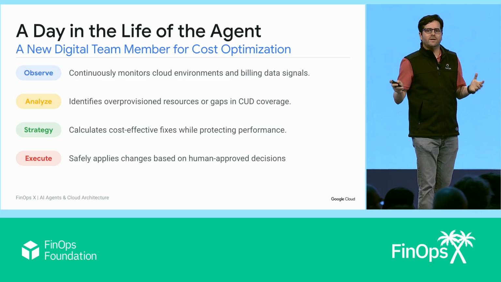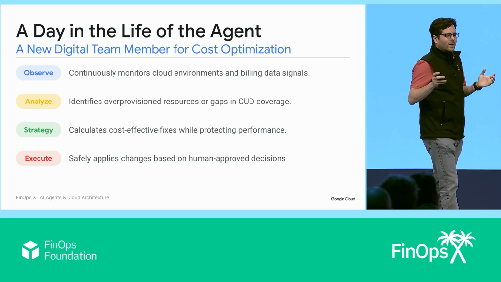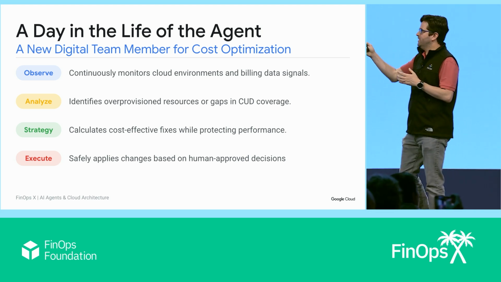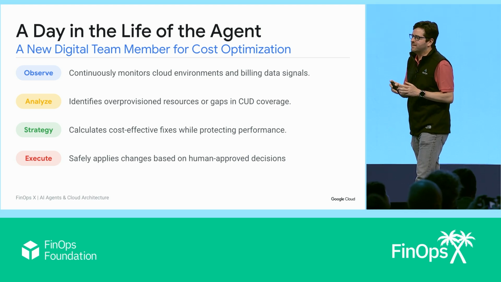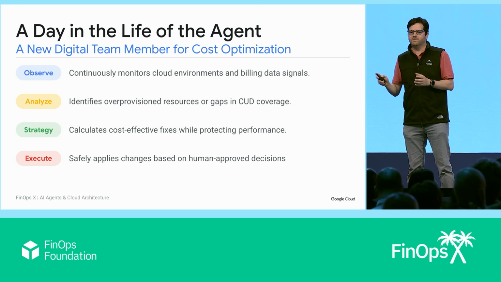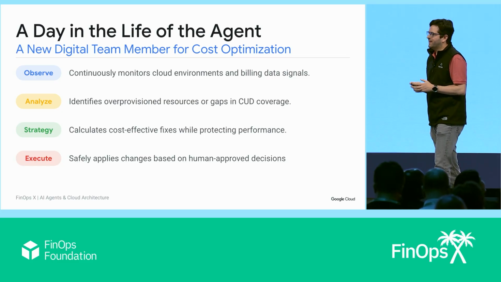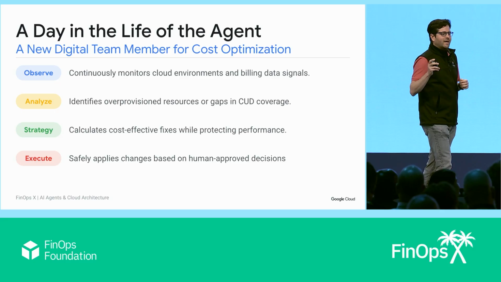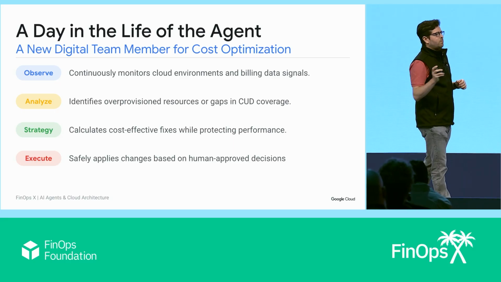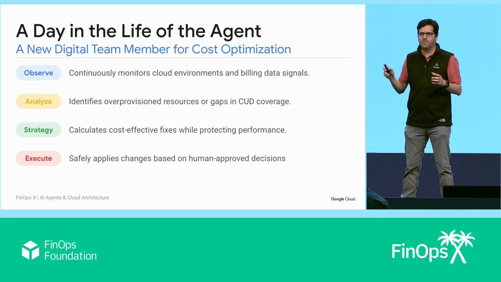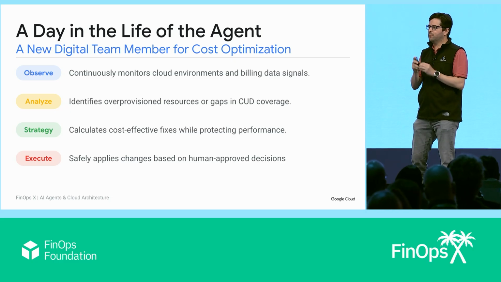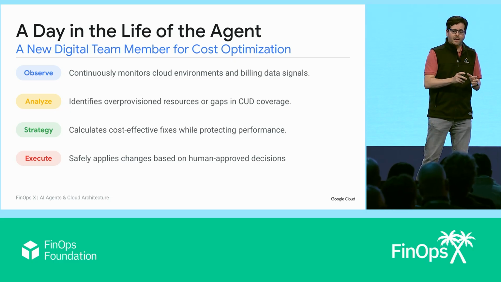So what is the agent, and what can it do? I want you to think about this agent, the FinOps agent, as another part of your team. This is an extension of your team that can help you do 4 things. It can observe, so it will be continuously monitoring your cloud environments, your billing data, and your performance data to understand what can be optimized. Then it will analyze.